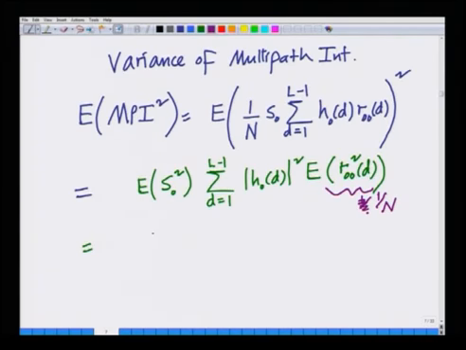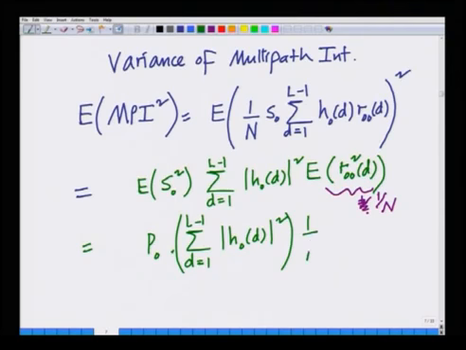Hence, this is equal to P 0, the power of user 0, times summation d equals 1 to L minus 1, h 0 d square, into 1 over n. So, I will write this as P 0 over n, summation d equals 1 to L minus 1, h 0 d whole square.